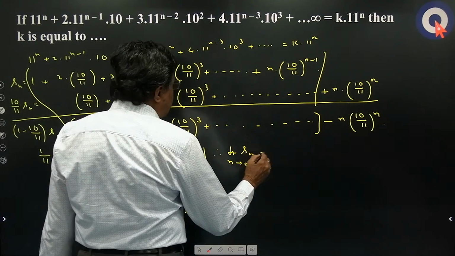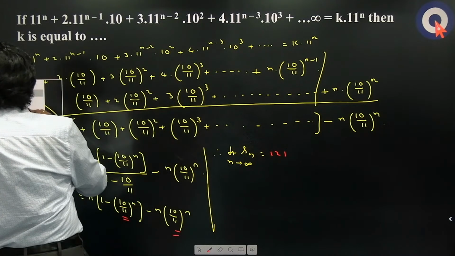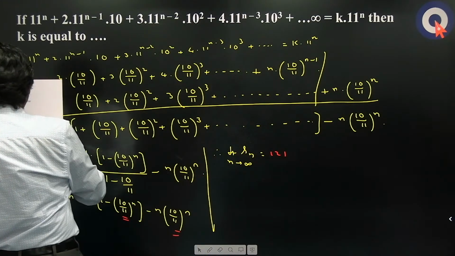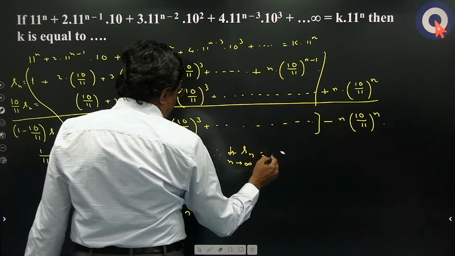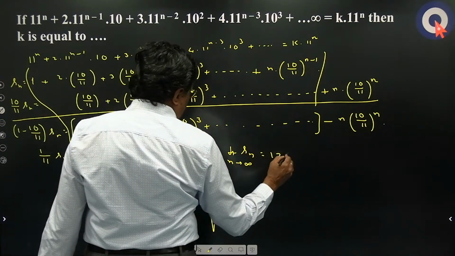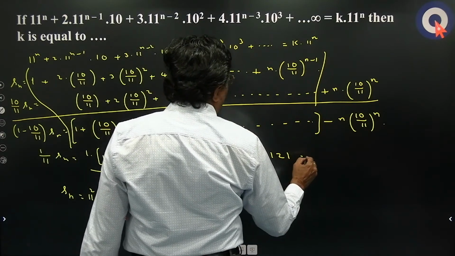So what you get is 11 square, which is 121.